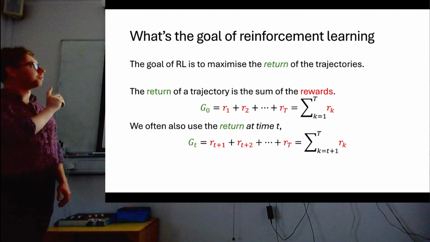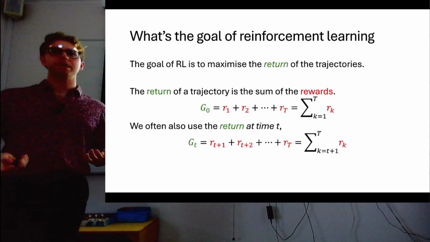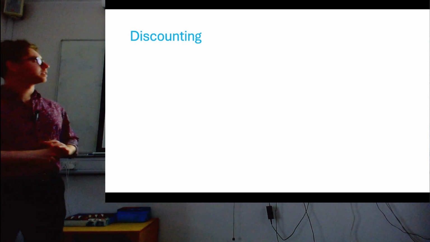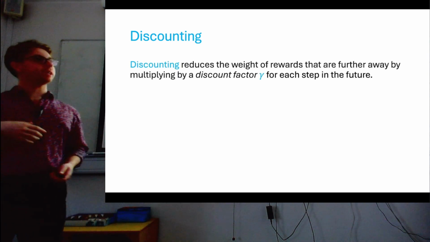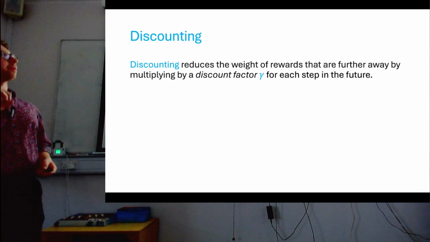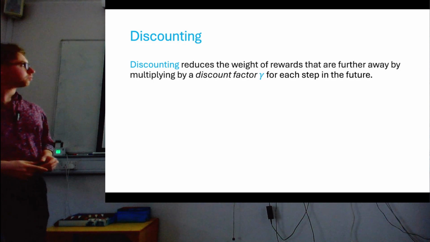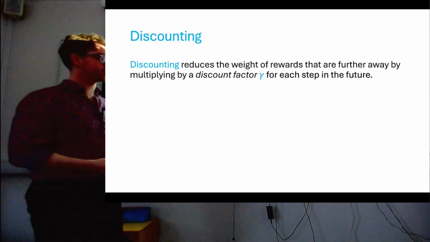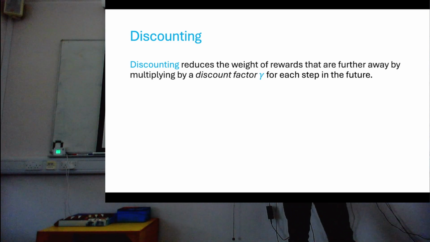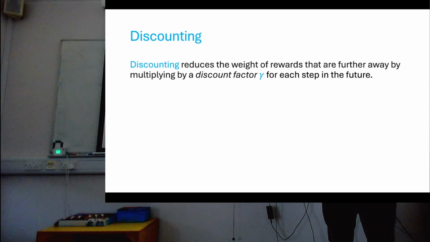Fantastic. The next concept to introduce is that of discounting. Discounting is when we reduce the value of rewards that happen further away from us in time. The way we do this is that for every new time step forward, we multiply the rewards by what's called a discount factor, gamma.